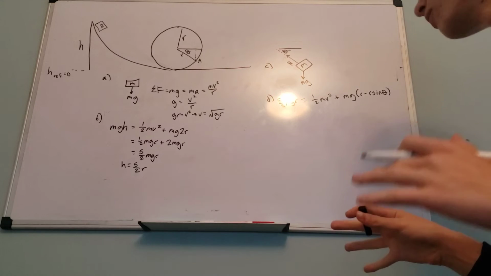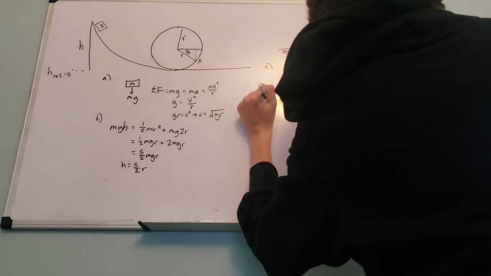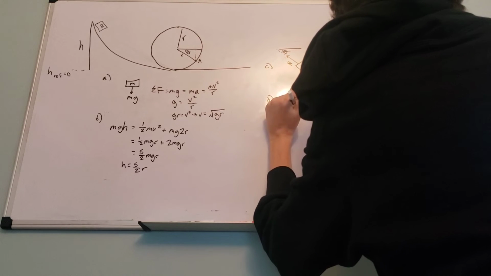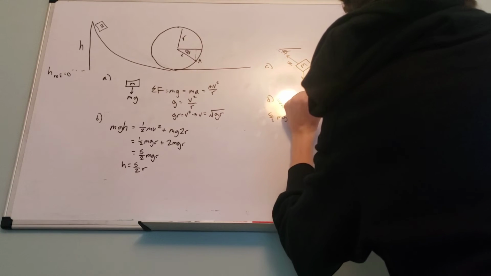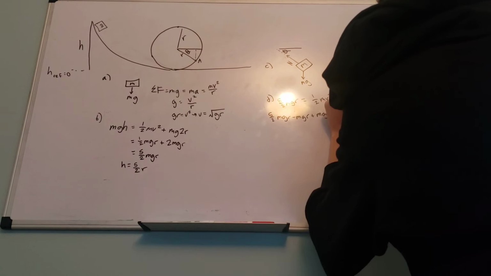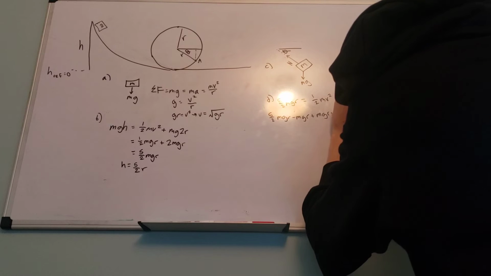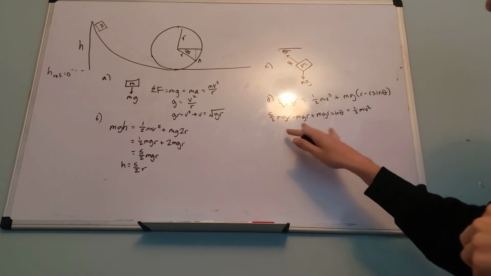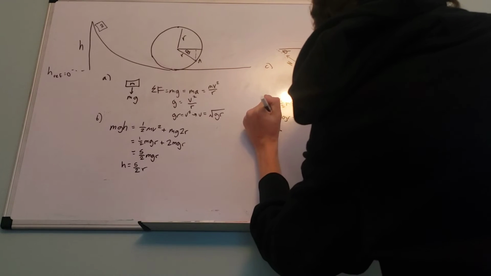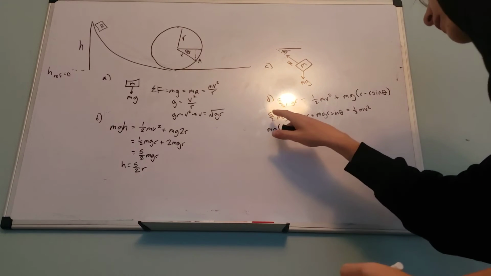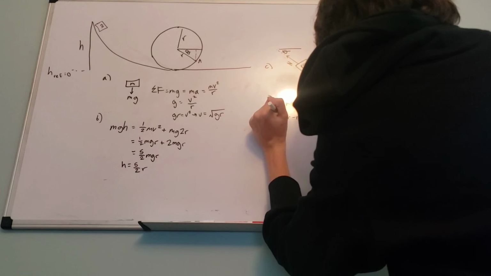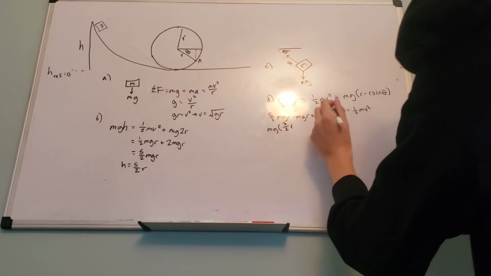Now we'll solve for velocity. Moving things over to the left, I'll also take out an mg. I'll combine like terms: 5 halves r minus r is 3 halves r, plus an r sine theta.